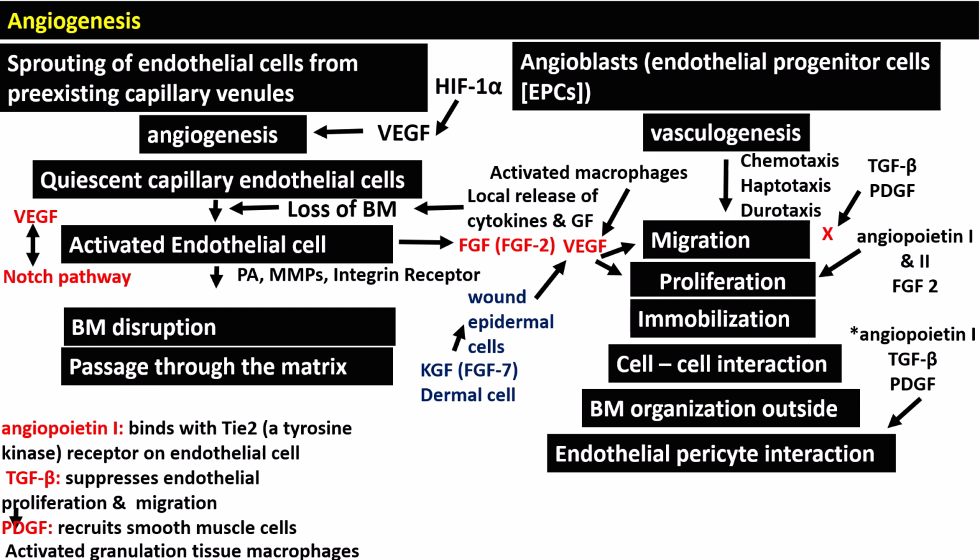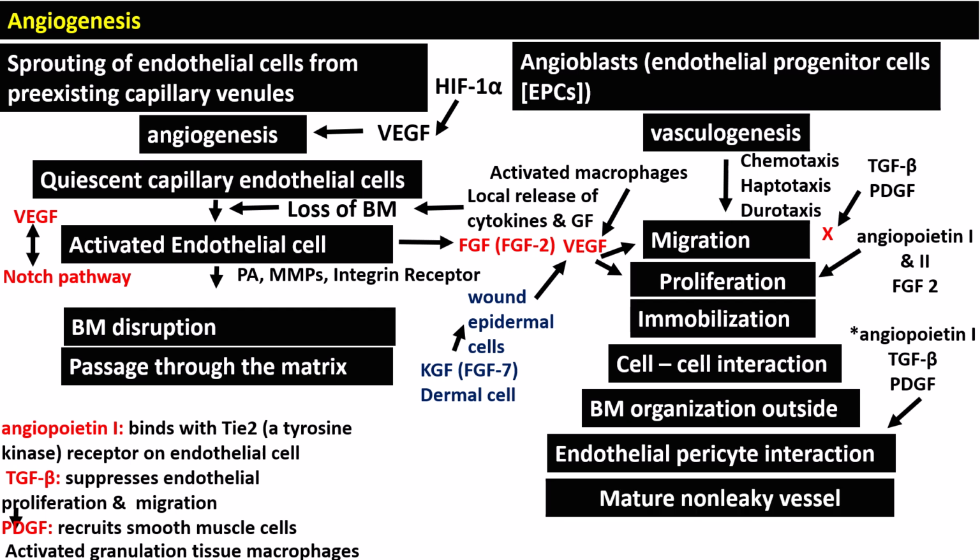Immature vessels may be leaky, and there will be risk of hemorrhage and edema. So mature vessels are non-leaky, and if this extracellular matrix scaffold is not there, or growth factors are deficient, there will be presence of leaky vessels, hemorrhage, and ultimately apoptosis.